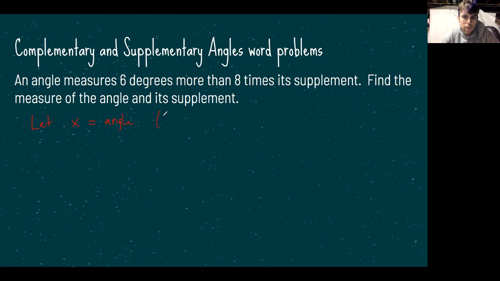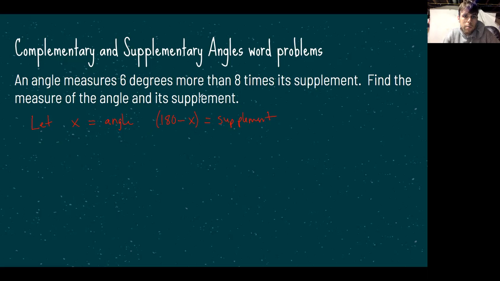And then we know from before, a supplement of an angle is going to be 180 minus x. That's going to be our supplement. Defining my variables at the beginning, and anything else I'll need is really important. It lets me interpret this as an equation a little bit more easily.